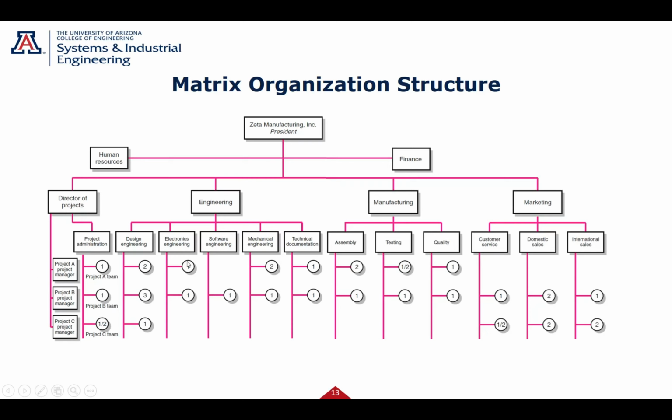So let's say I have one expert in electronics, in my case, high-powered microwave. I'm not going to dedicate them to one project. I'm going to share that person across the projects as needed. So he or she is not locked up in one project.